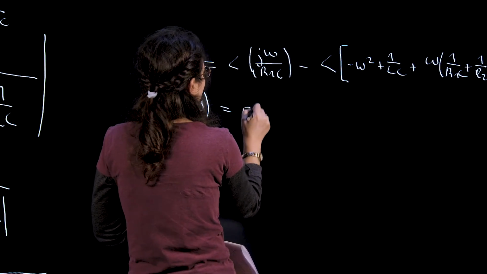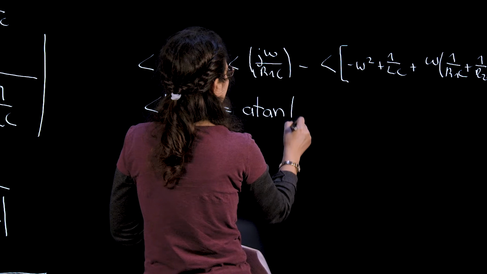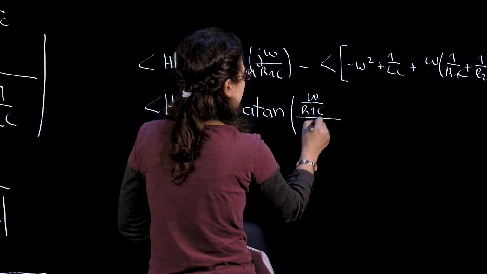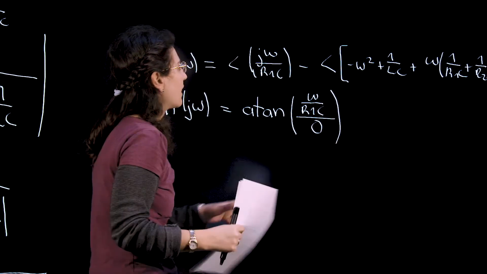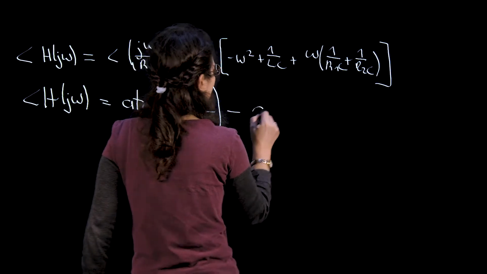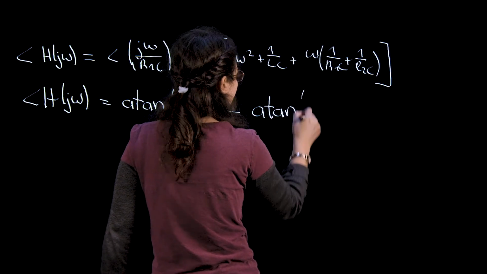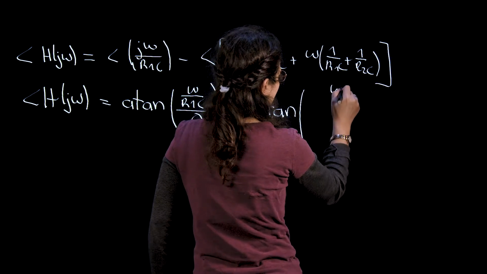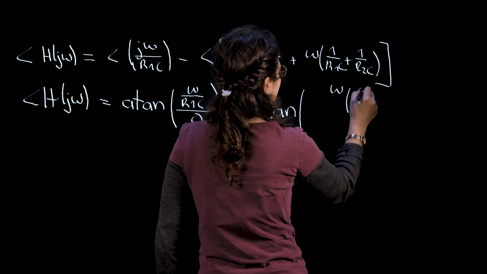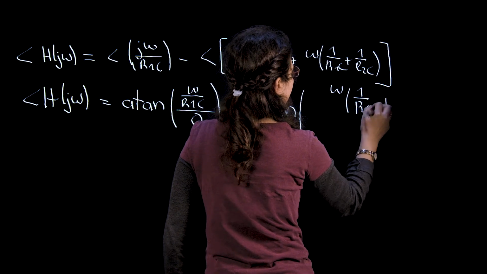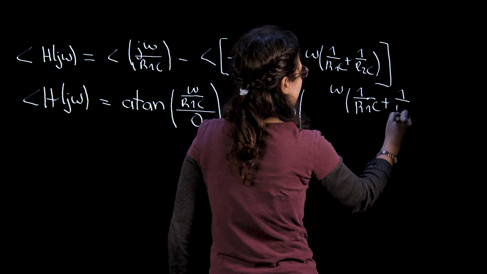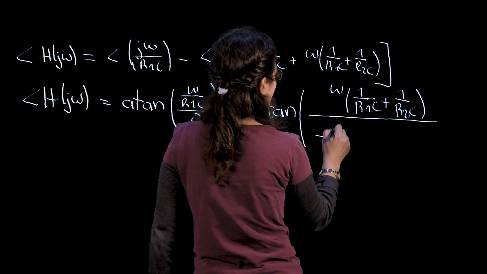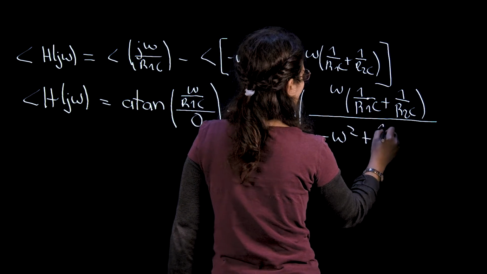So I get the arctan of the imaginary part over 0, and then here minus the inverse tangent of the imaginary part, omega times 1 over R1C plus 1 over R2C, over the real part, which is minus omega squared plus 1 over LC.